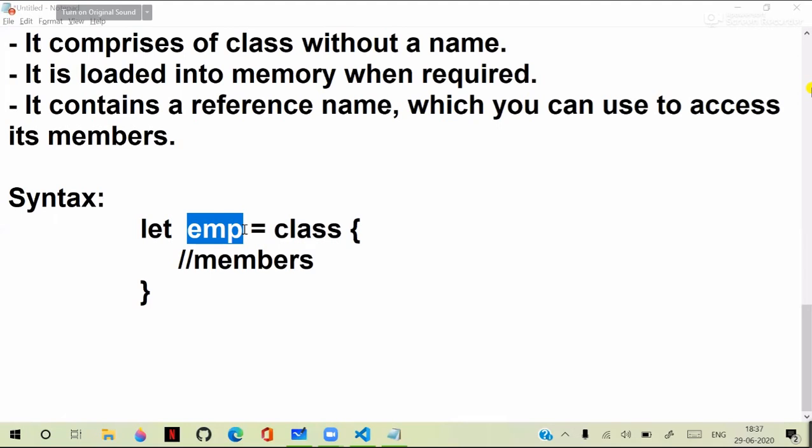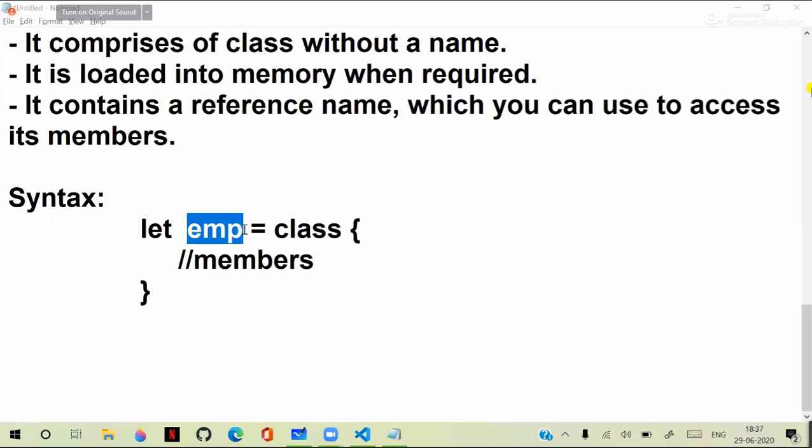Technically, this type of concept is referred to as lazy loading. So lazy loading is related to objects. Just a basic point. That means it is loaded only when it is needed.